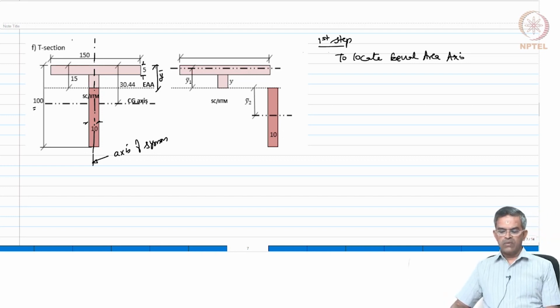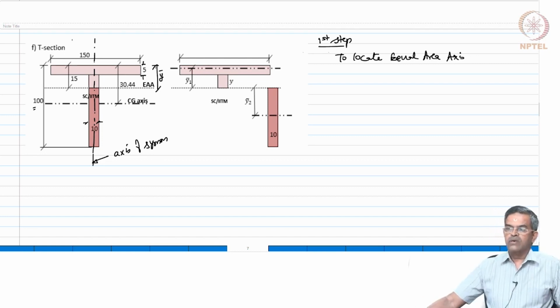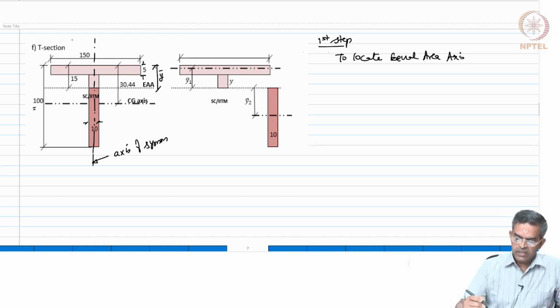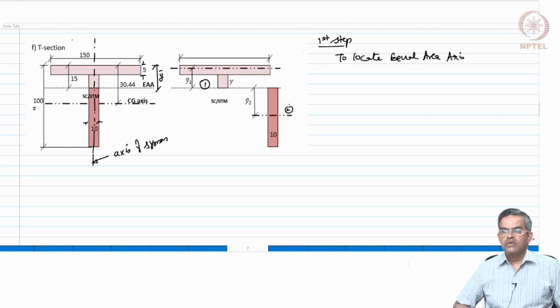So, we would like to locate this, right. The first job is to find out the equal area axis. Let us divide this into two parts. Let us say this is my first piece and this is my second piece. Considering these two areas has got to be equal because it is the equal area axis.